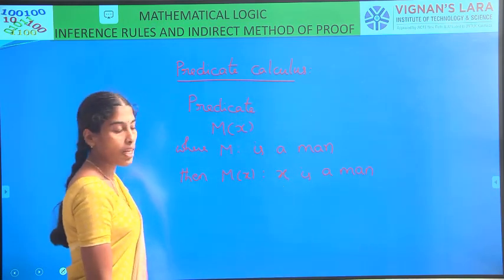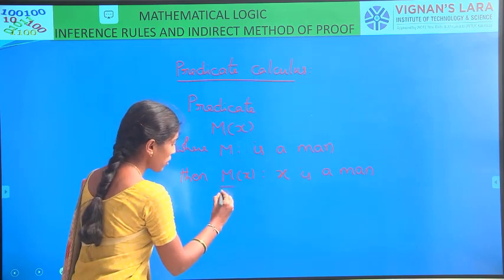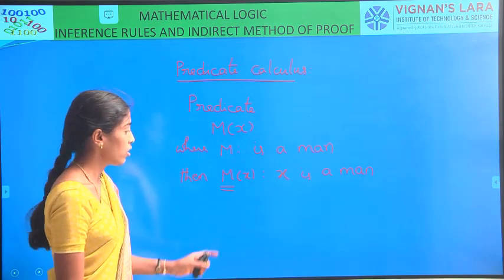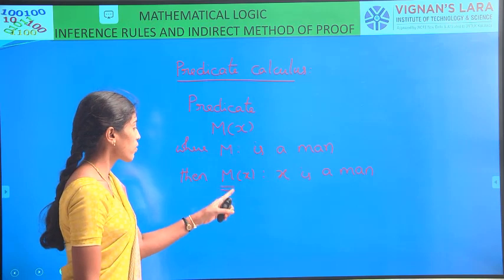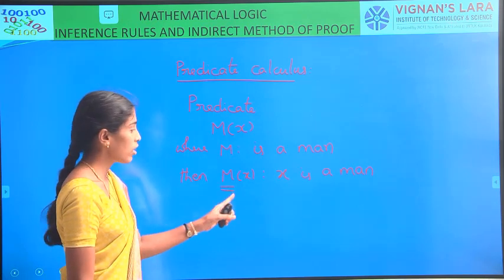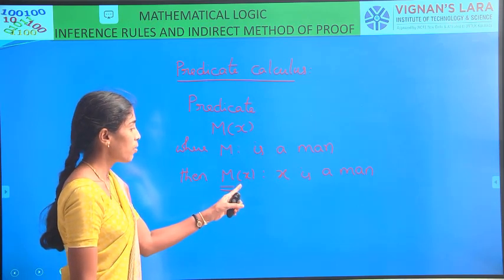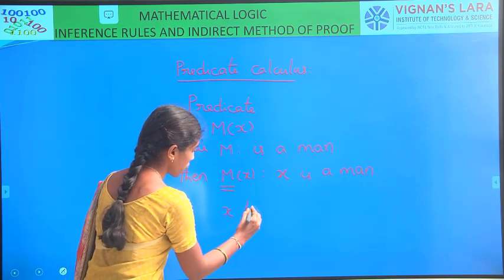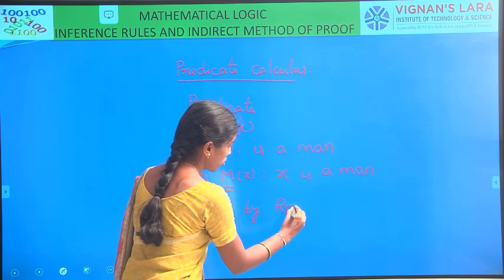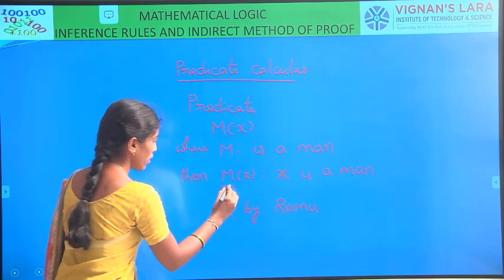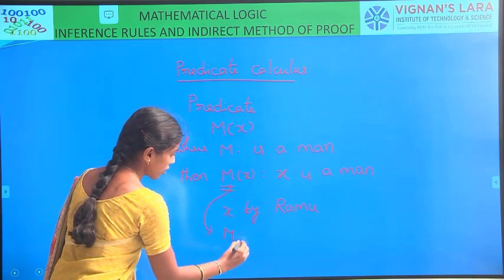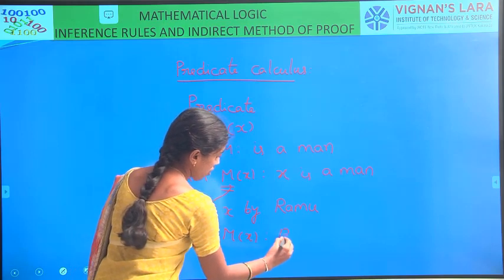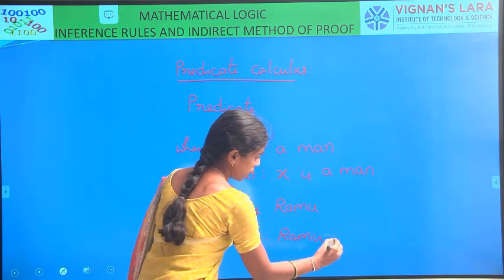So here m stands for the property of the subject, which is denoted by a capital letter, and x stands for the subject. If we replace this x by Ramu, then m of x means that Ramu is a man.